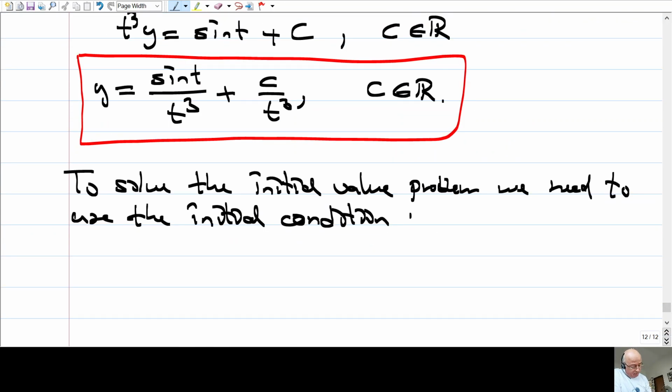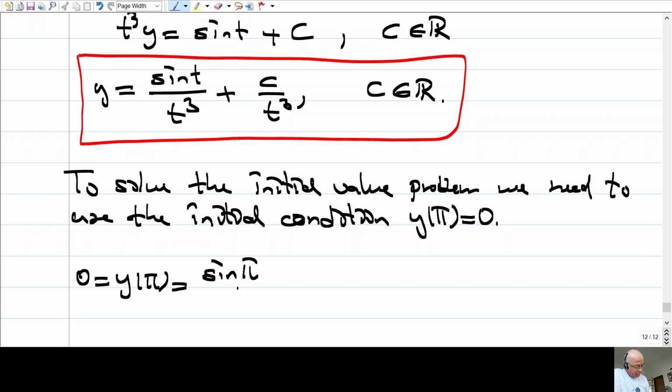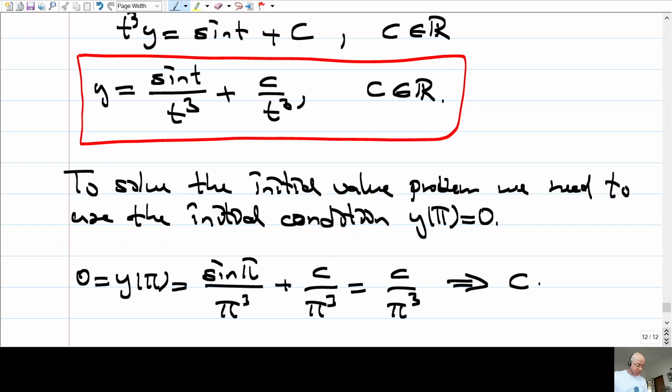So I have to plug pi in here and should get 0. Let's see. 0 equals y of pi. When I plug pi here, I get sine pi divided by pi cubed plus c over pi cubed. Sine pi is already 0, so this is just c over pi cubed. And I want this to be 0. This is 0 only if c is 0. So this implies c is equal to 0.